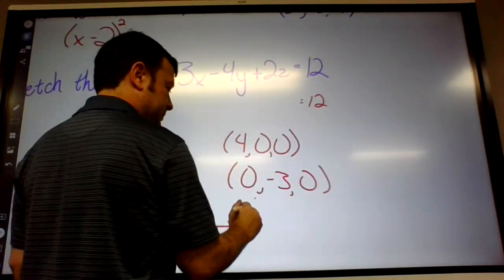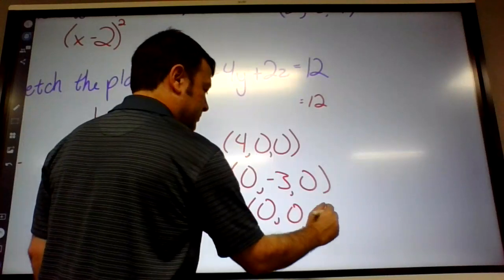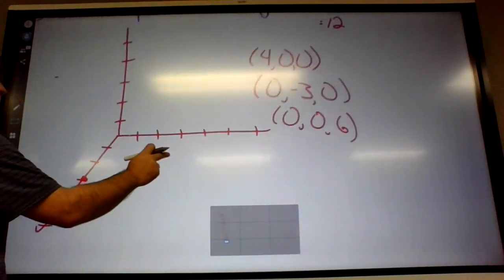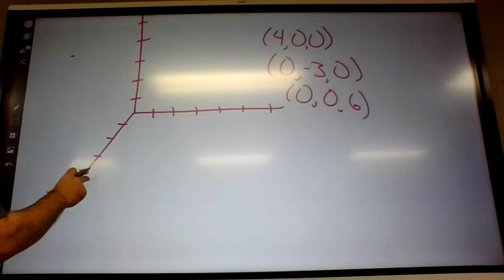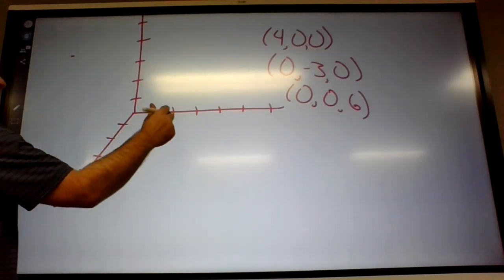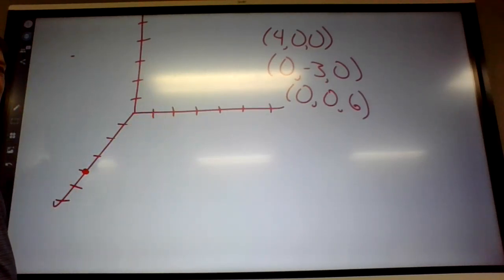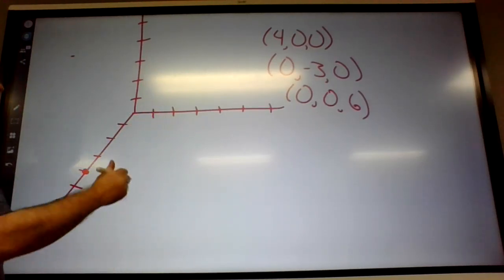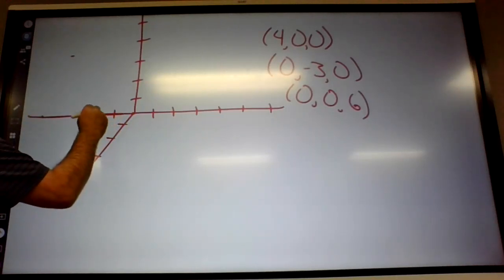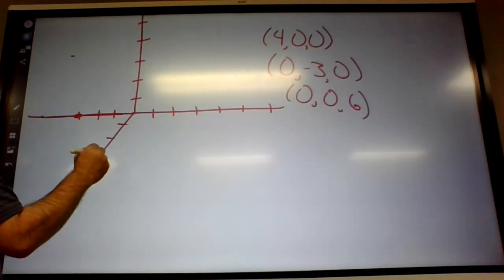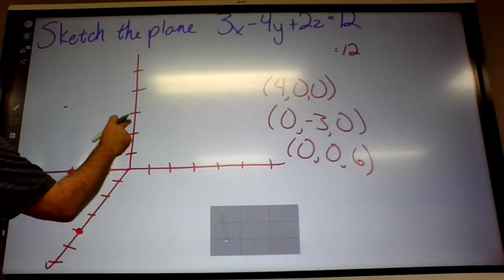Yeah, 3, 5. All right. And then we graph those points, so 4, 0, 0 would be here. 1, 2, 3, 4. 0, negative 3, 0. Where would 0, negative 3, 0 be? Left. Yeah, there. I didn't draw the negative axis, but yeah. 1, 2, 3. And then 0, 0, 6. 1, 2, 3.